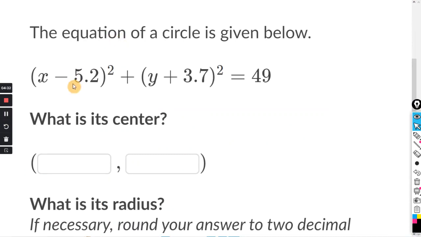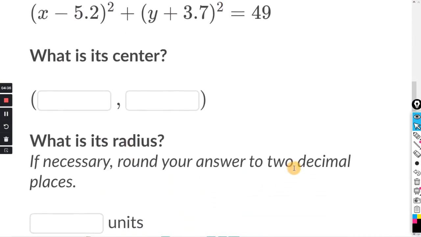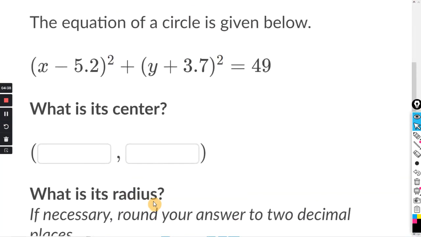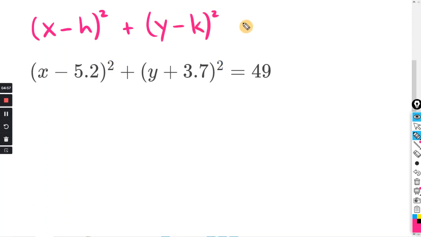Okay, once again, we have the equation, and they're asking for the center and the radius rounded to 2 decimal places. So again, I'm going to write the circle equation on top. So we said the circle equation is x minus h squared plus y minus k squared equals r squared.